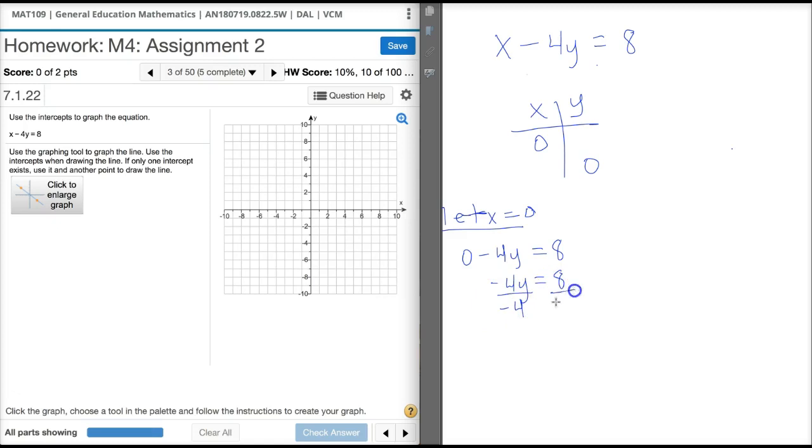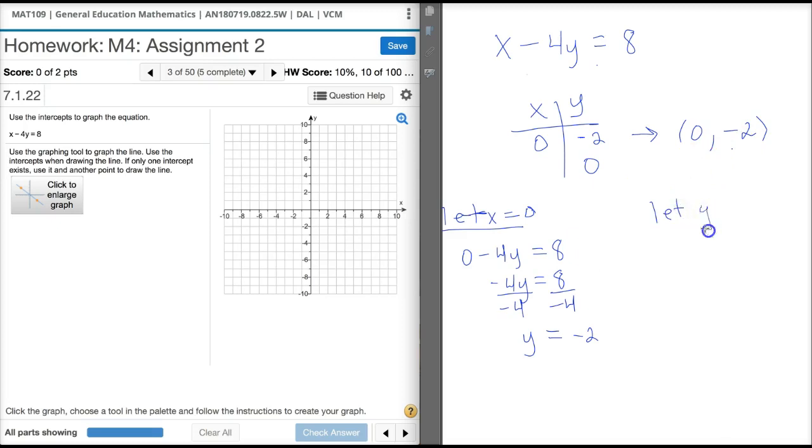And then we just divide both sides by negative 4. And negative 4 divided by negative 4 is a positive 1. 1 times Y is Y. And then 8 divided by negative 4 is a negative 2. So we have negative 2 here, which means we have Y-intercept point 0, negative 2 on the graph.